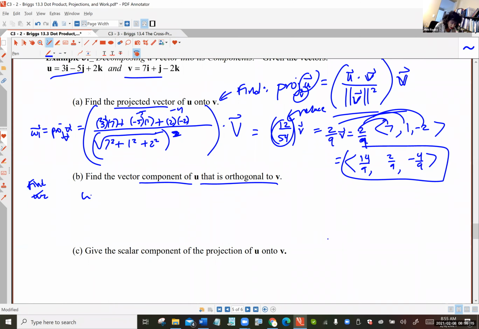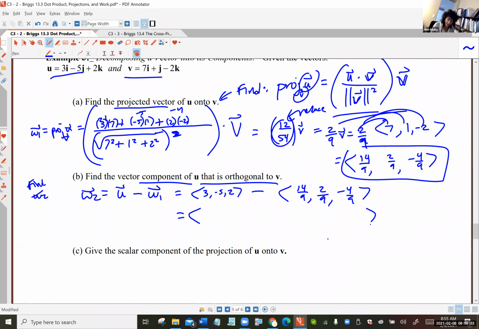Okay, so w2 is super easy to find. It's the vector u minus w1, and w1 we already got. So this is going to be the vector u, (3, -5, 2), minus this vector (14/9, 2/9, -4/9). When you're taking the difference of two vectors, you're going to get a vector.